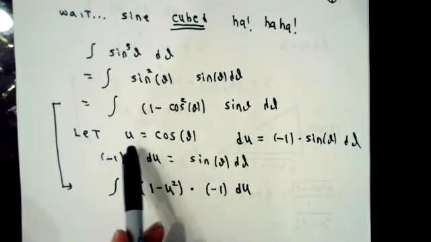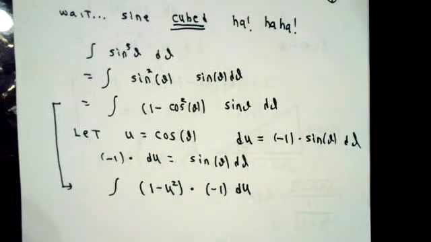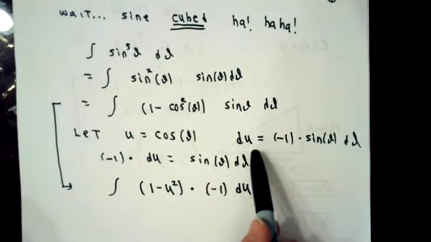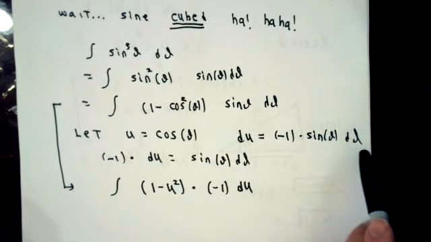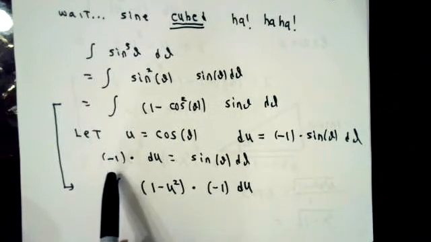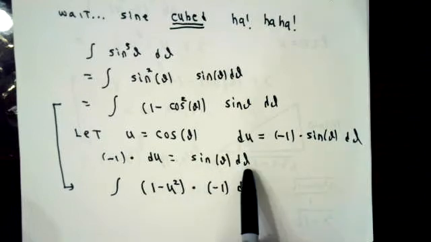We're going to let u equal cosine theta. The derivative of u with respect to x is negative of sine theta, negative 1 times sine theta. So du is negative 1 times sine theta d theta. Negative 1 times du is sine of theta d theta.